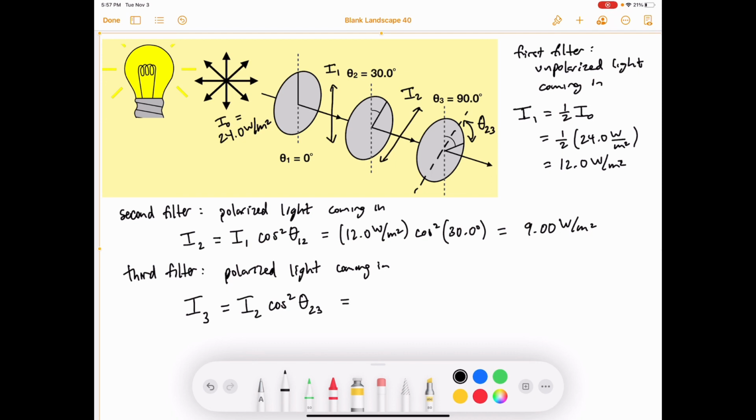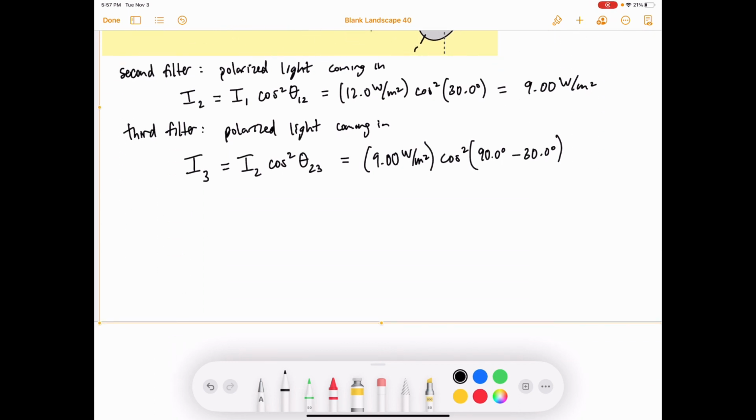And if we work this out, we have I2, which is 9 watts per square meter, times cosine squared. The angle in question would be 90 degrees. That's the axis of my third filter with respect to the vertical, minus 30 degrees. That's the axis of my second filter with respect to the vertical. So the difference is 90 minus 30, or 60 degrees between them. And we're taking the cosine squared of that angle.